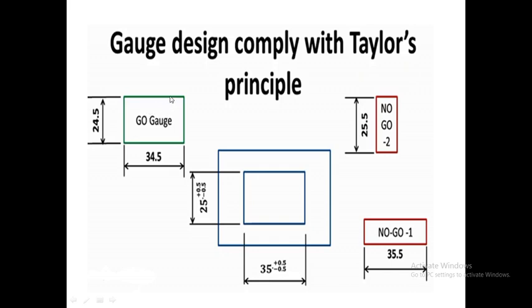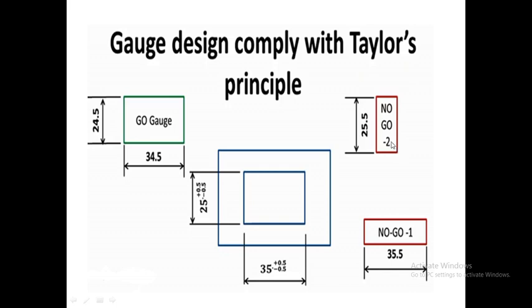So while designing the go gauge, we will design only a single go gauge with dimensions 34.5 and 24.5, so that when this go gauge is inserted inside the hole, it will check whether the manufactured hole is accurate or not.